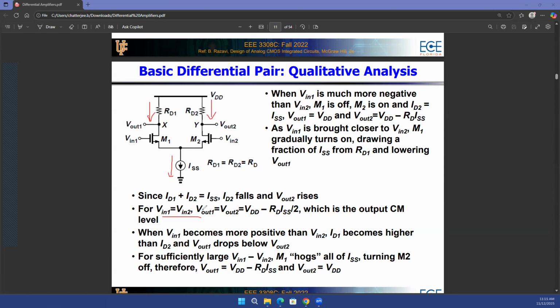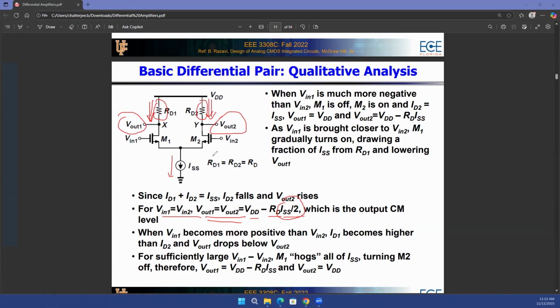And that is the reason why in that situation, your Vout1 equals Vout2, because they're identical, the output voltages will also be identical. And how much will that be? That is going to be VDD minus RD times ISS over 2. Because ISS over 2 current is flowing through each of these branches. So ISS over 2 here and ISS over 2 here. So the voltage drop across each of those resistors is going to be RD times ISS over 2.